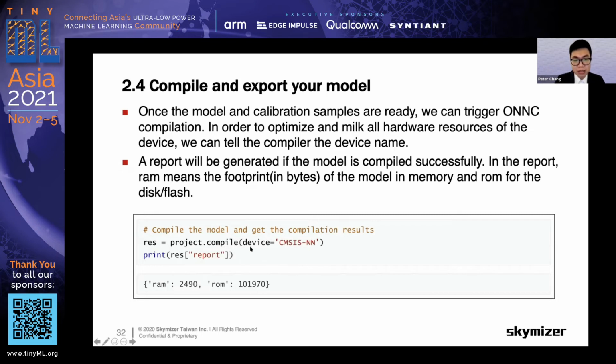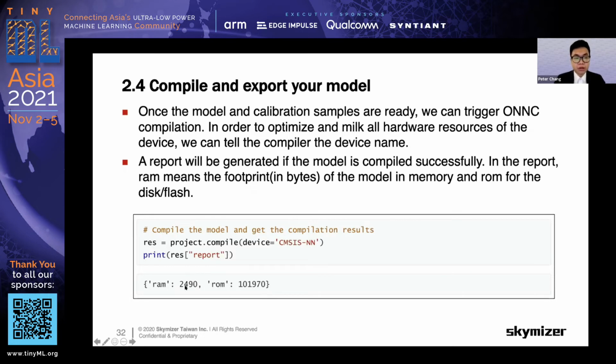If you use, for example, the CMSIS-NN library, you can set device equals CMSIS-NN, and we will generate the compiled model in the best situation. We use the minimal usage of RAM, SRAM, and minimal usage of flash.